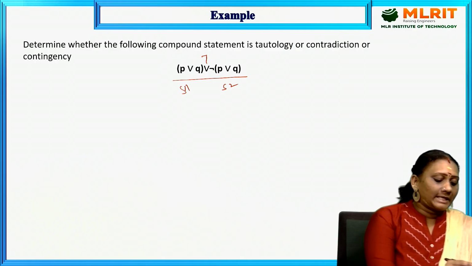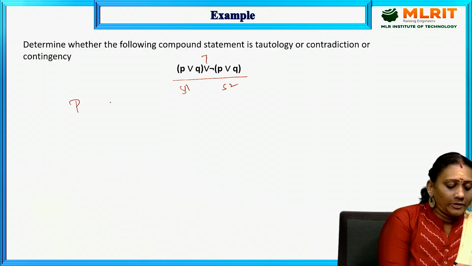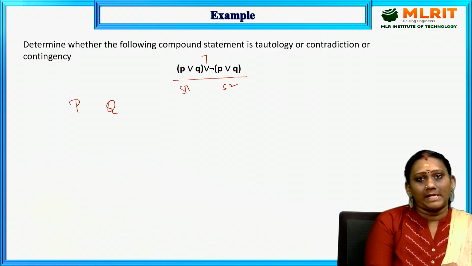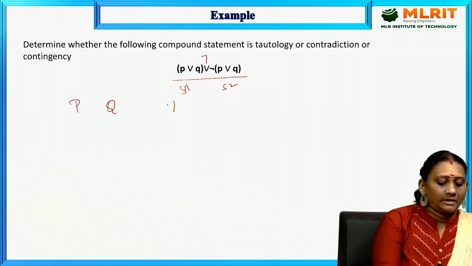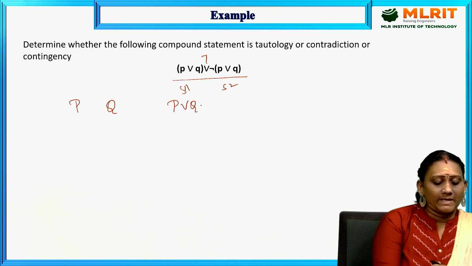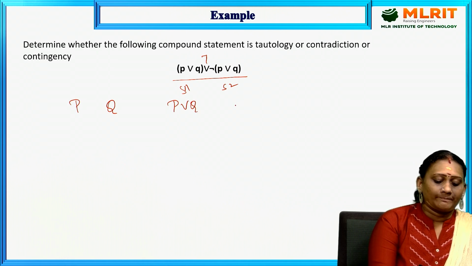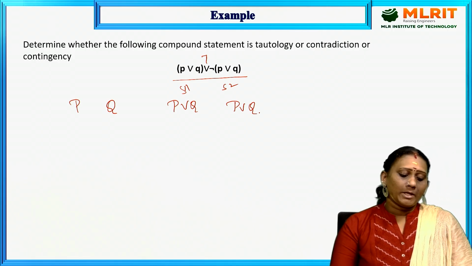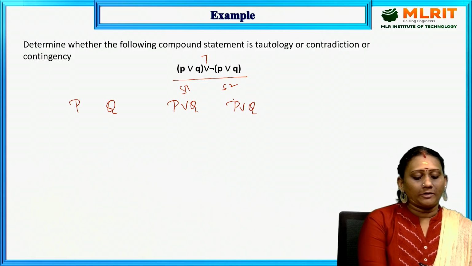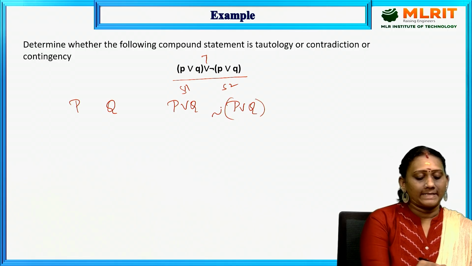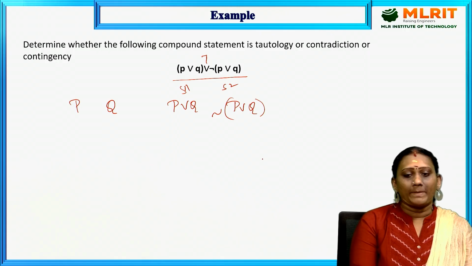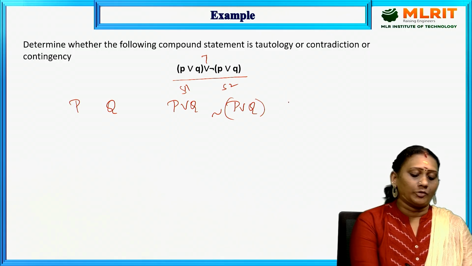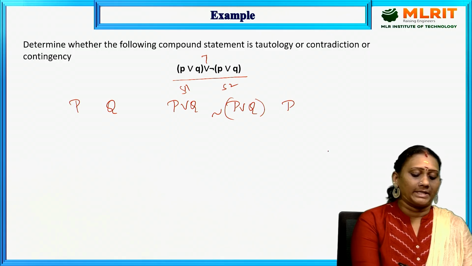So what are we going to do now? We are going to consider P and Q values. The first thing is P or Q. This is my statement 1, and next, P or Q again, for which we give the negation. So my second statement is the negation of P or Q. What is the complete logical expression now?